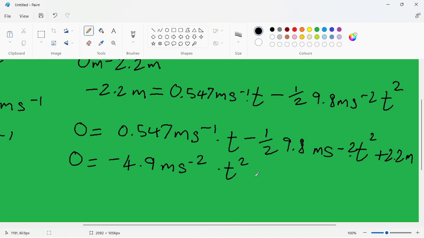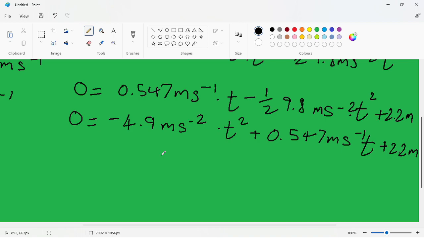times t squared plus 0.547 meters per second plus 2.2 meters. So as you can see, this equation is now in the form of a quadratic equation. A quadratic equation has x squared, could be plus or minus, but in this case it's just going to be plus x.